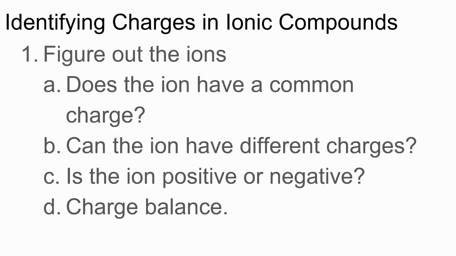Good, the metal loses electrons, it's going to be a cation. So what does that have to be if it's a non-metal? It's going to be the anion, good. So that's what we're talking about, is that an anion or a cation. The metal will be a cation, the non-metal will be the anion.